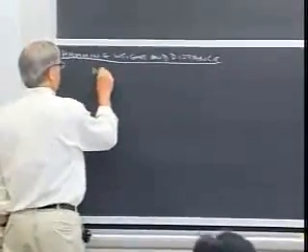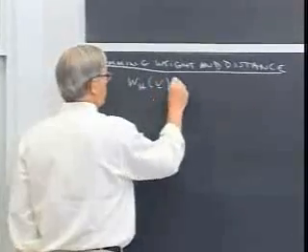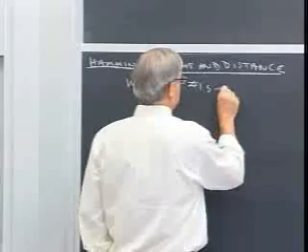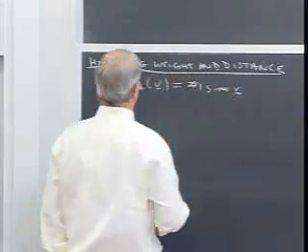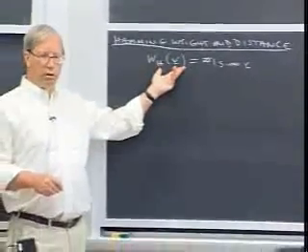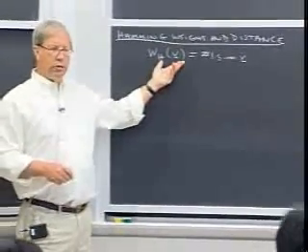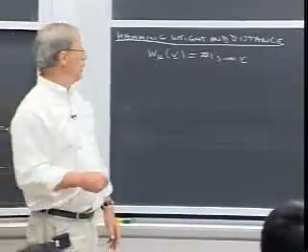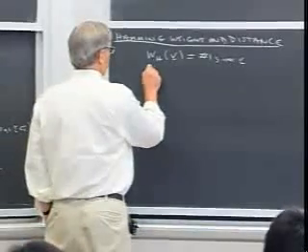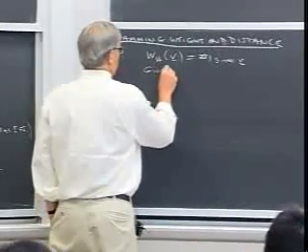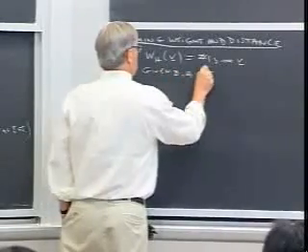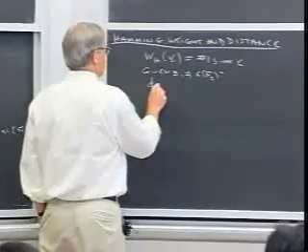We define the Hamming weight of a vector v as simply the number of ones in v. So the Hamming weight of the all 0 vector is 0. The Hamming weight of the all 1 vector is n. And in general, the Hamming weight is somewhere between 0 and n, just the number of ones. Pretty simple. And given two vectors, x and y, what is their distance?